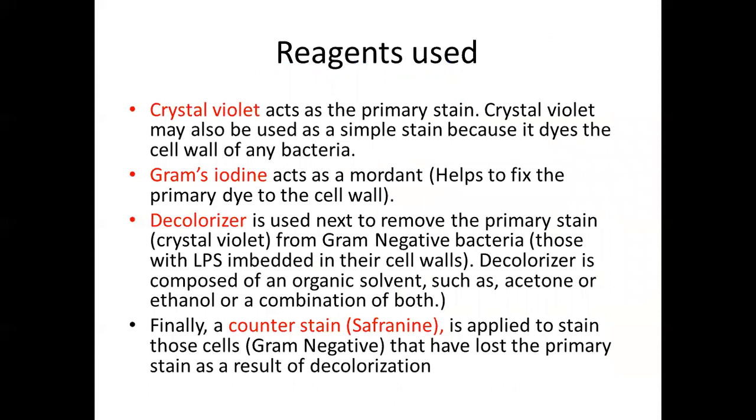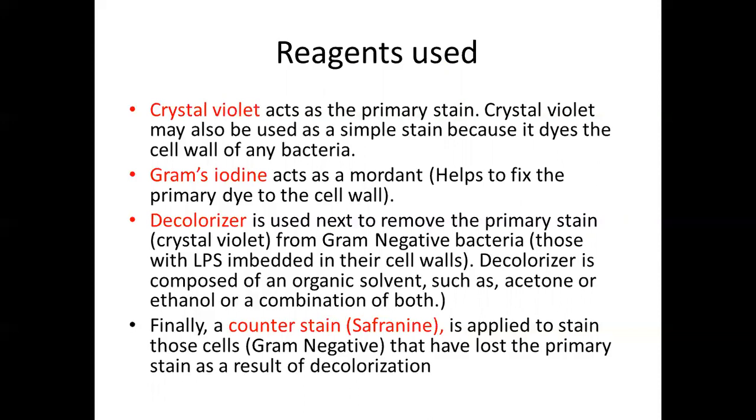So what are the reagents used here? The reagents used are crystal violet, Gram's iodine, decolorizer, and the counter stainer, that is safranin. Keep this in mind. Crystal violet is the primary stain, then Gram's iodine is the mordant, then the decolorizer removes the color.